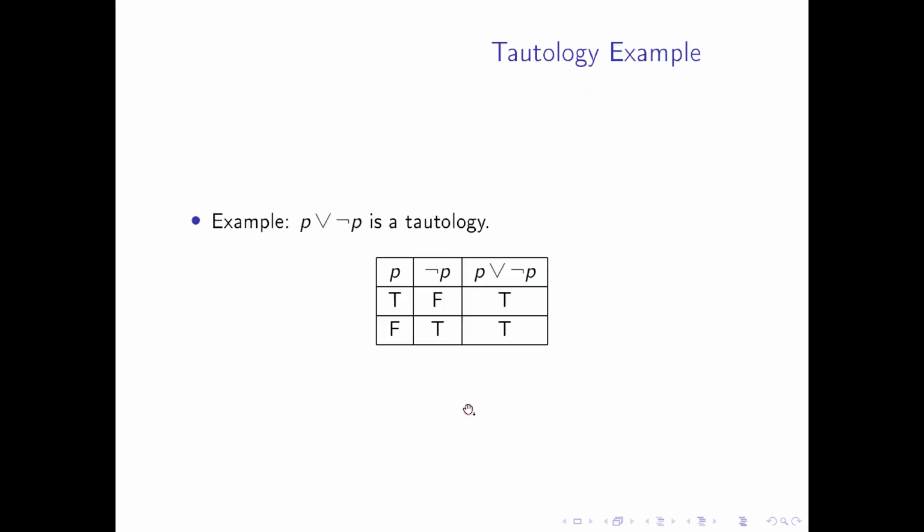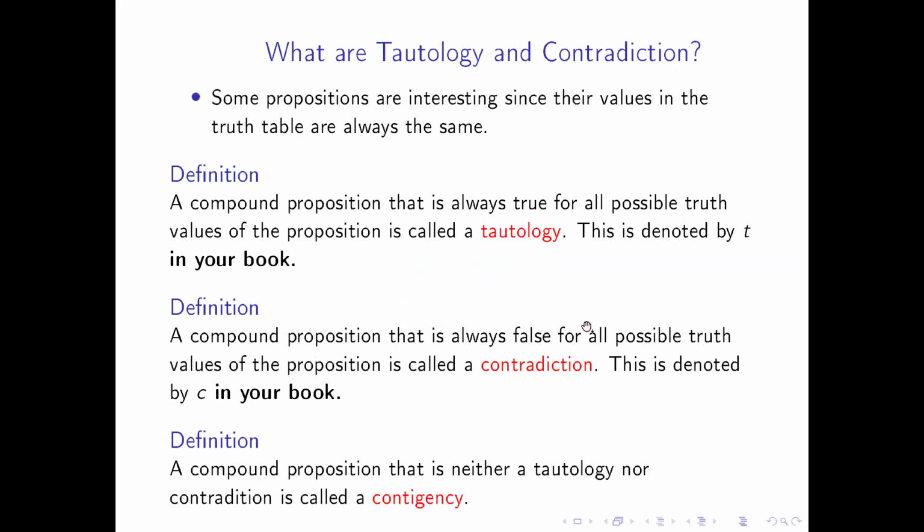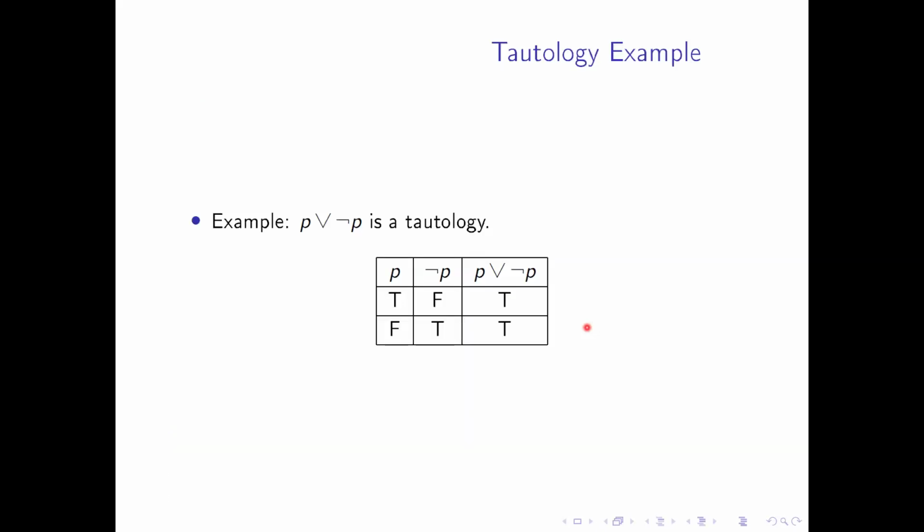So let's consider this. This is an example of a tautology because P or not Q is always true. So because that is a tautology. On the other hand, if I was to say P and Q, if I had one more column, I don't have it on here.